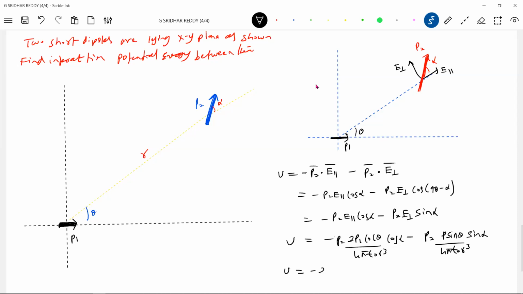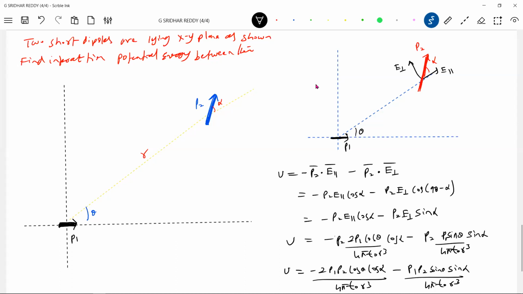Let me simplify the steps: 2 P1 P2 cos theta cos alpha plus P1 P2 sin theta sin alpha. Agree? So not only in some specific position, in any arbitrary orientation, we can work this out.